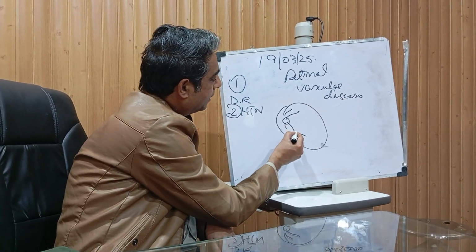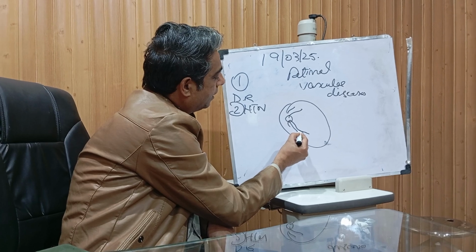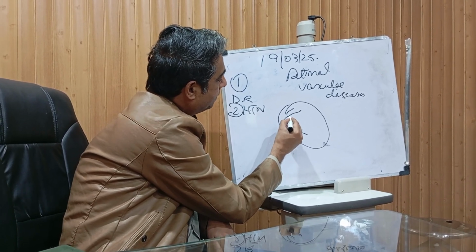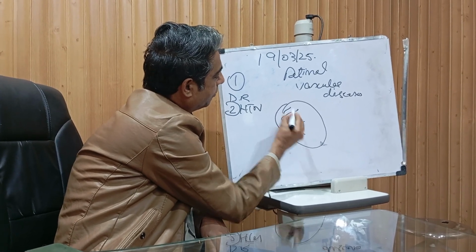For example, this is the artery and this is the vein. So what happens? This is the vein and this is the artery, for example.